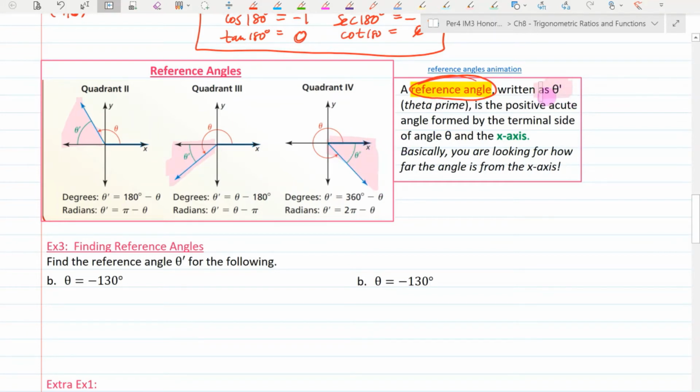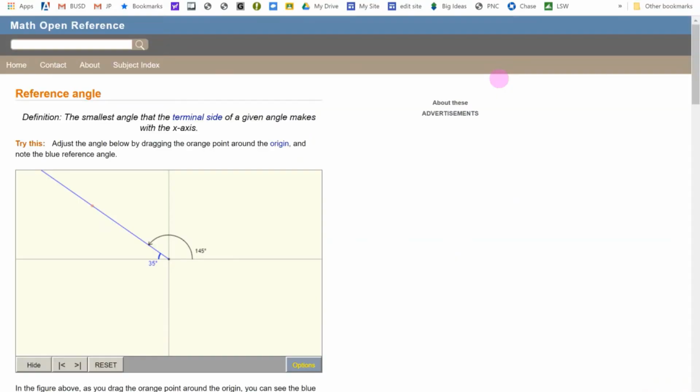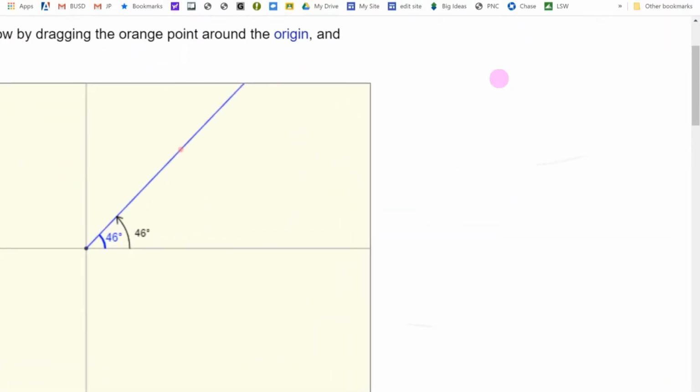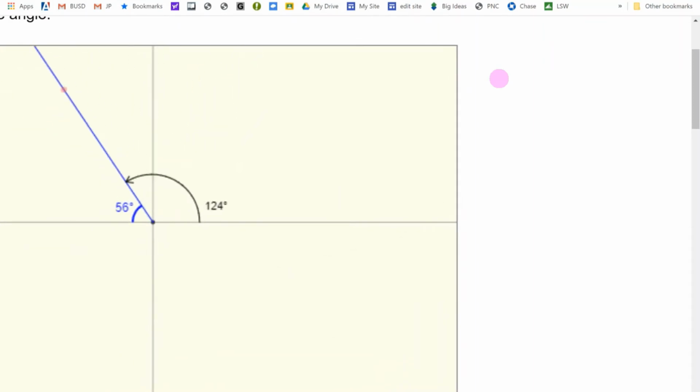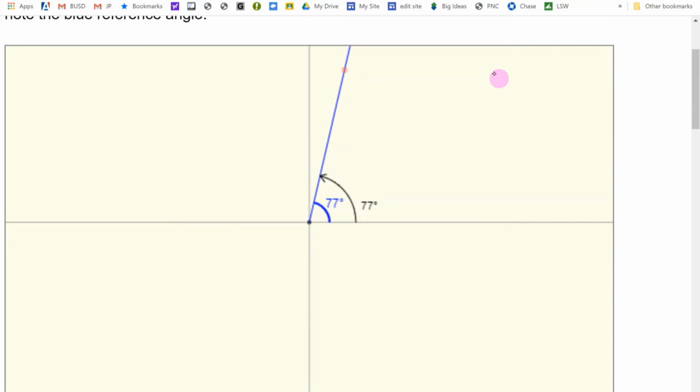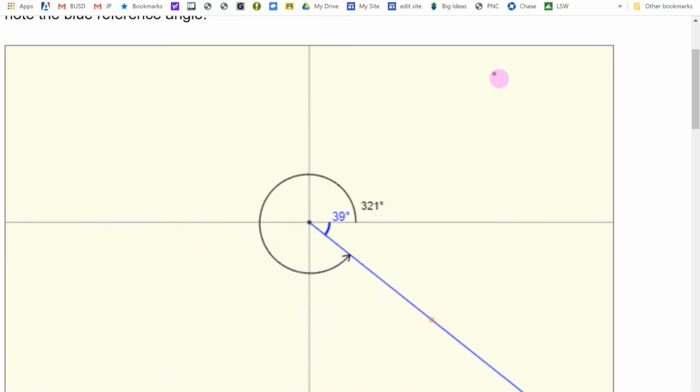When we're doing this, if you look here, let me move this over. The reference angle is, in this case, 40. It's always formed by the x-axis and the terminal side. So if I pass over here, then for 320, the reference angle is 40.